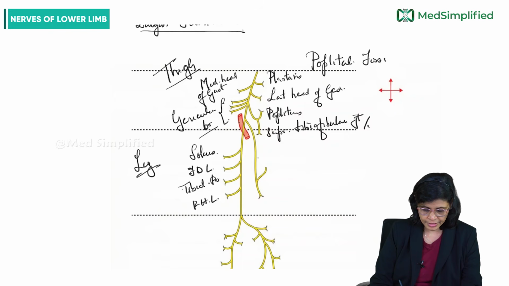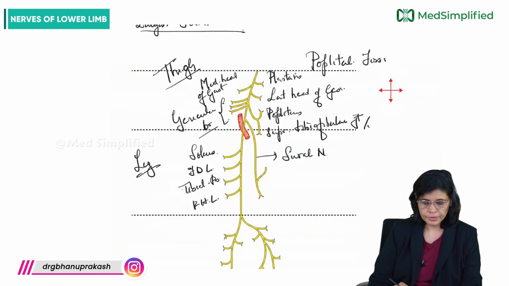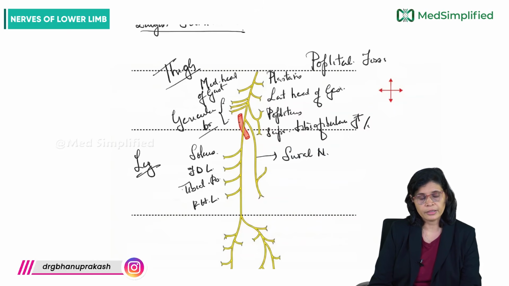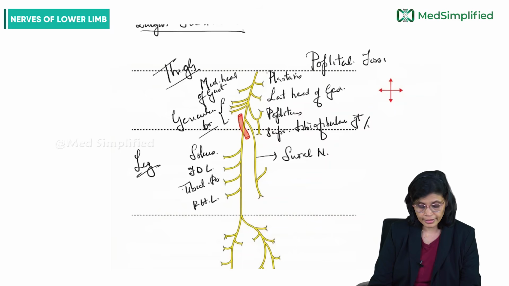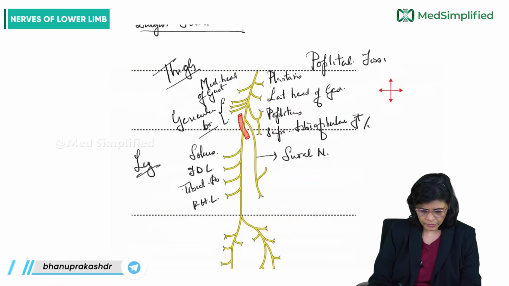It gives a cutaneous branch, that is the sural nerve, which will be supplying the lateral aspect of the foot up to the little toe. It supplies along the lateral aspect of the leg, and the little toe. There is also this small branch called the sural communicating nerve.